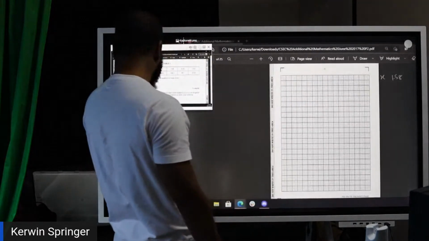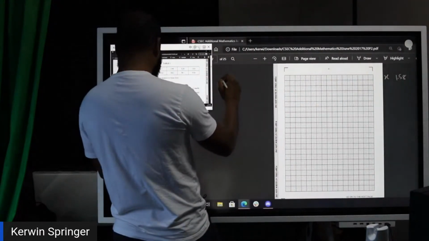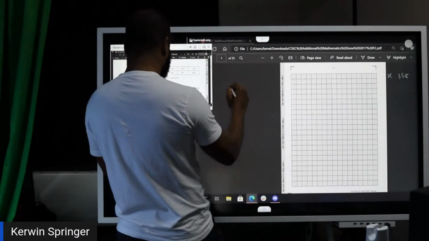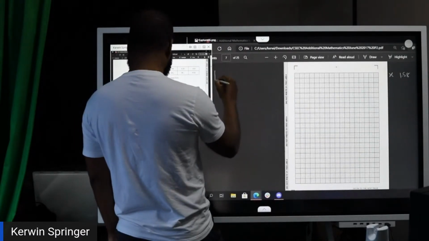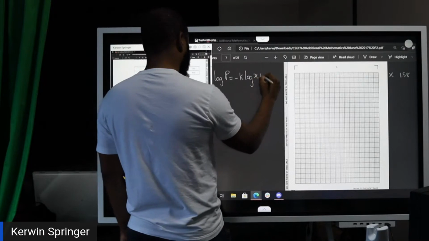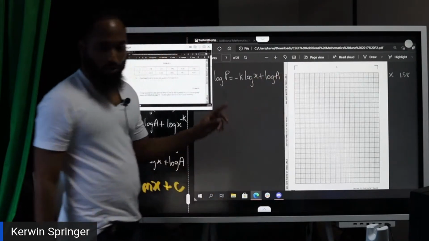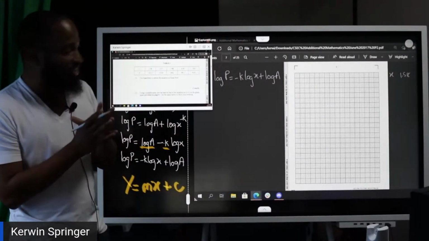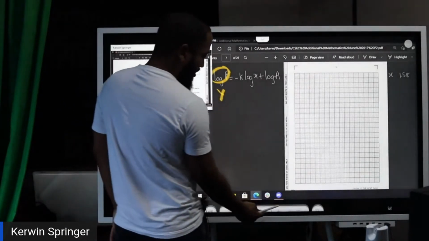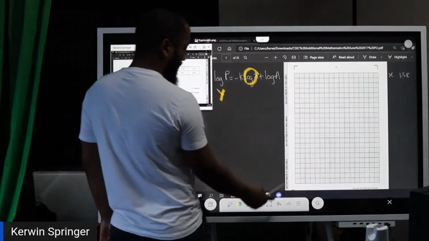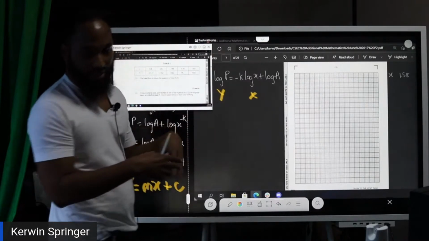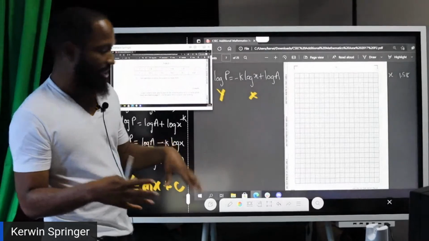The logarithmic thing was log P is equal to negative K log X plus log A. And this is in the form Y is equal to MX plus C. Tell me which one is Y and which one is X. So I need log P for Y, and then I need log of X for X. So the fact that they give me X and P, I still need to go and find log of X and log of P.